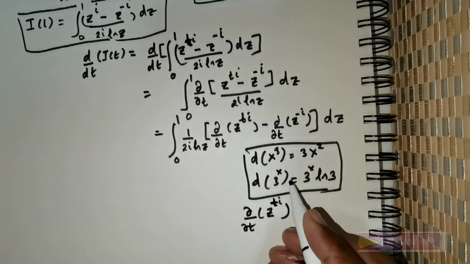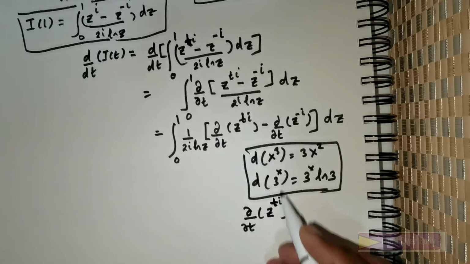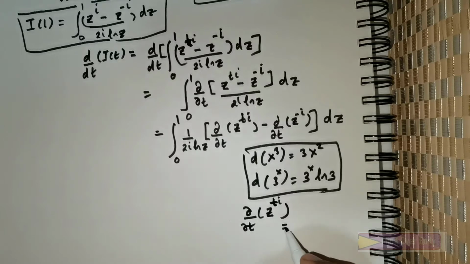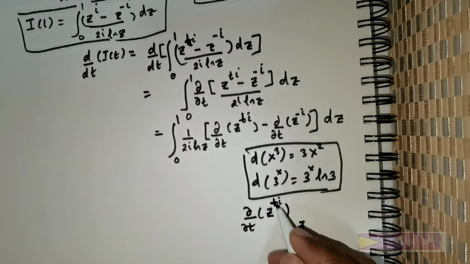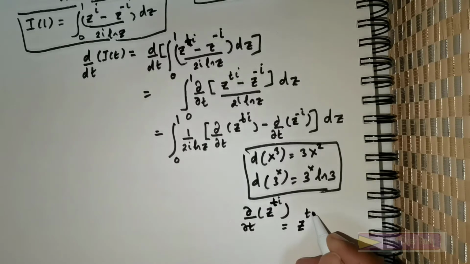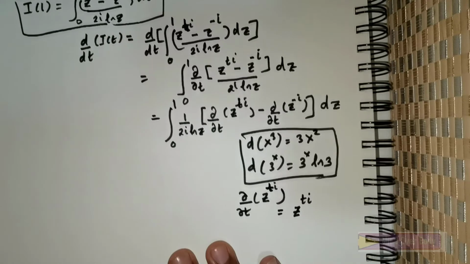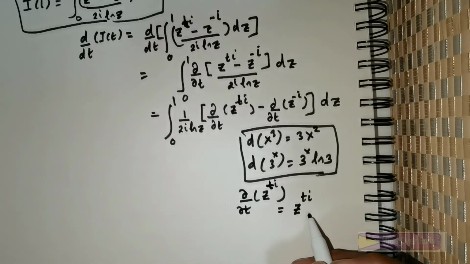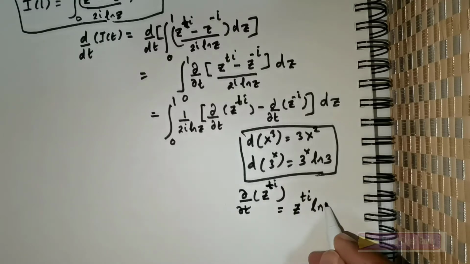Now similarly, x is a variable here, t is a variable here. So upon differentiation, we would be getting z to the power of ti, and then that has to be multiplied with ln z.